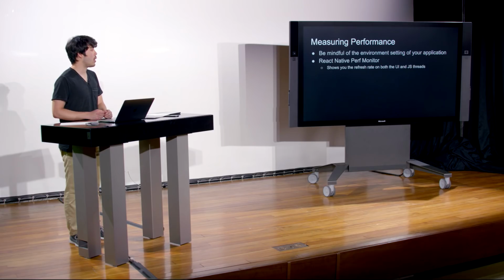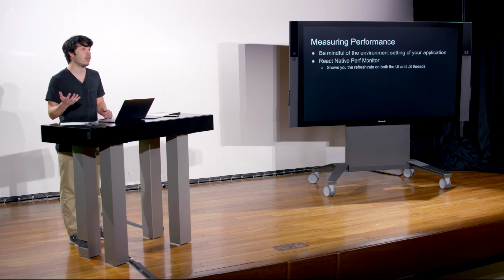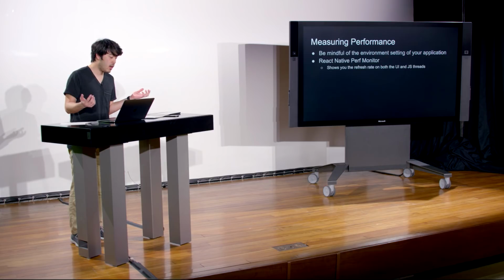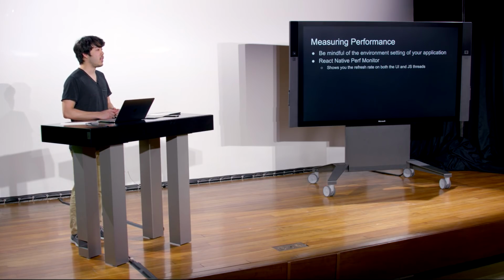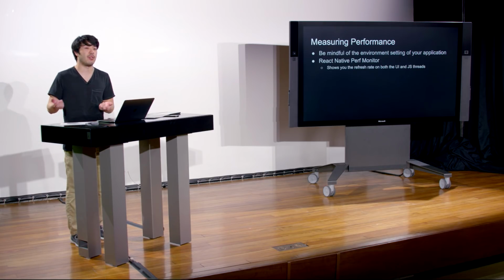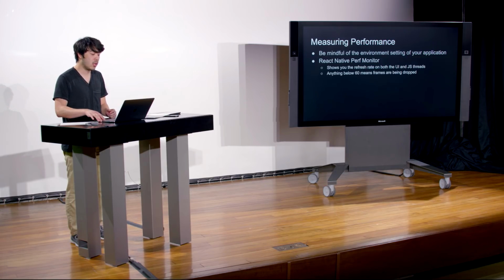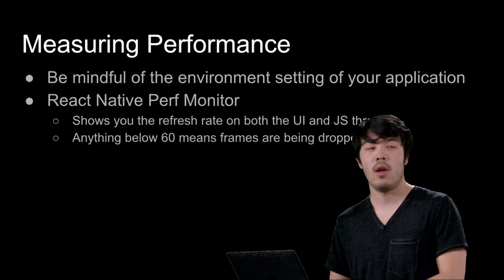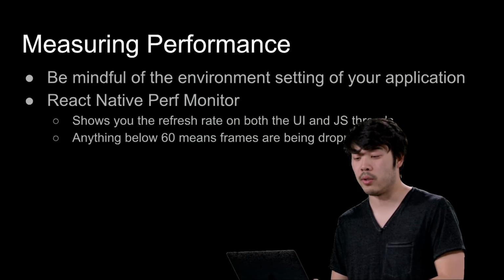What this does is it shows you the refresh rate of both your UI and your JavaScript thread. If you remember back to our lecture on React Native, we talked about how there was one thread for rendering the UI on the native side, and one thread that's actually executing your JavaScript. This Perf Monitor allows us to see the refresh rate on both these threads. Anything below 60 frames per second means we're dropping some frames, and so there is potentially a bottleneck in whatever we're dealing with.